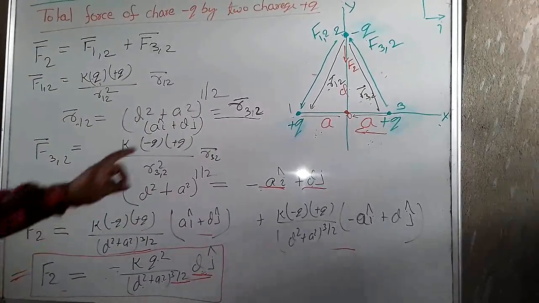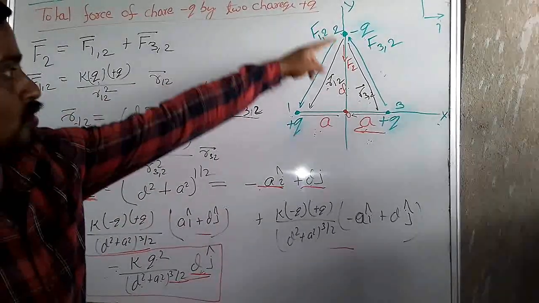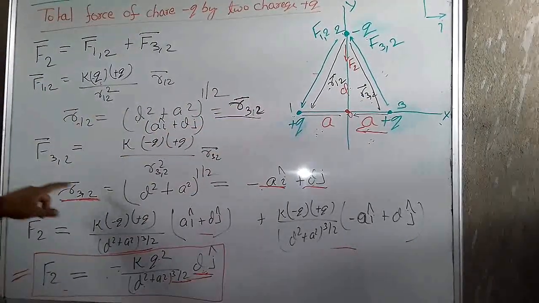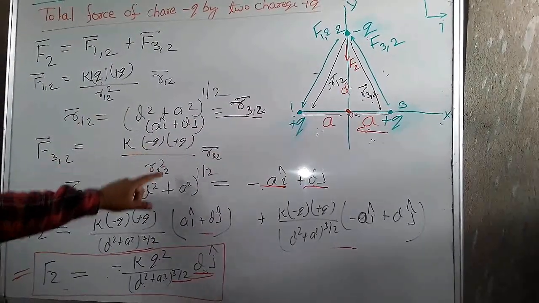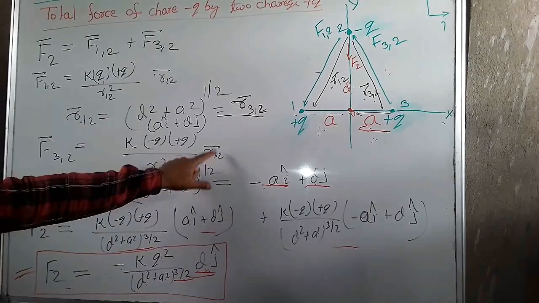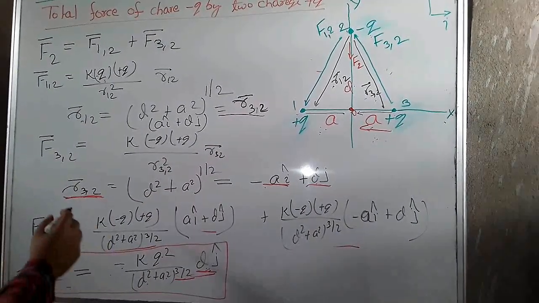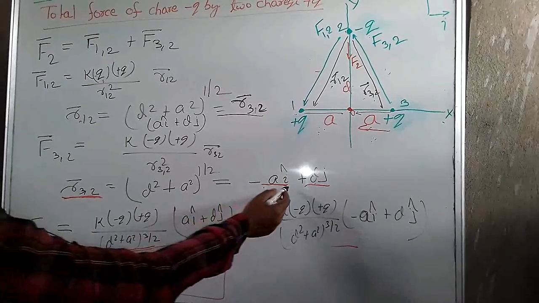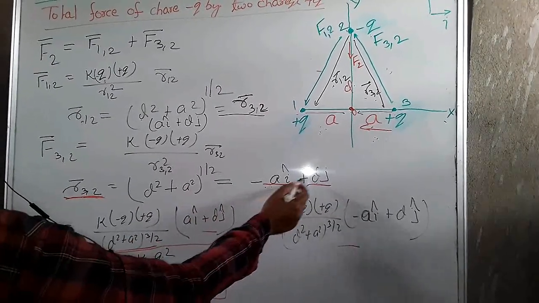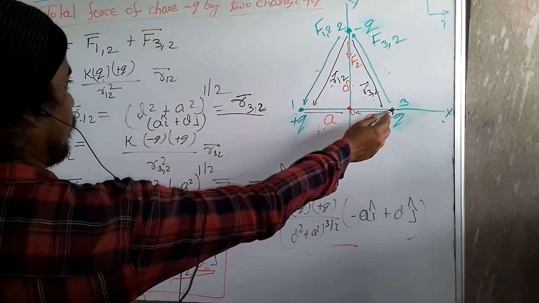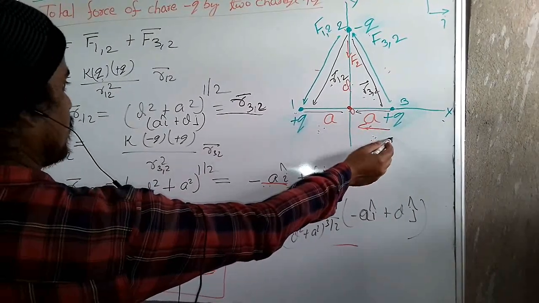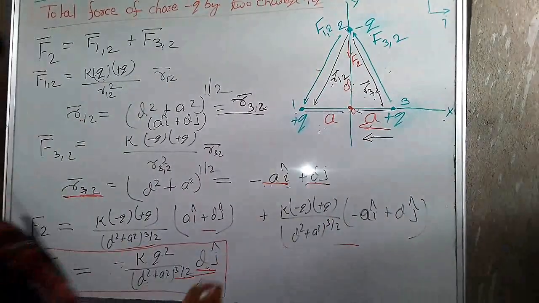Again, the force between 2 and 3 is equal to the same K minus Q plus Q by R32 square, R32 unit vector, and we break R32 into component form, minus a i plus d j. Minus a i because from plus Q to O, it is in the negative direction.